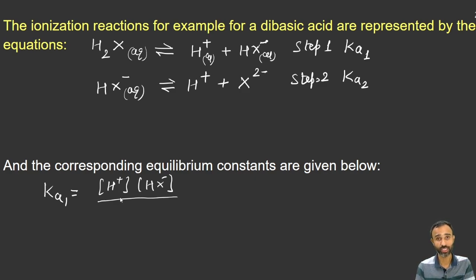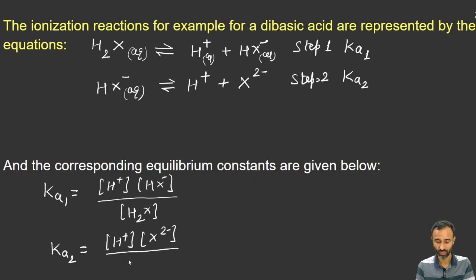So it is H plus concentration into HX negative concentration divided by H2X concentration. Now Ka2. So what is Ka2 now? It is H plus concentration into X2 negative concentration divided by HX negative concentration.